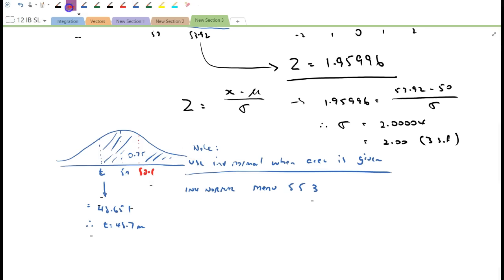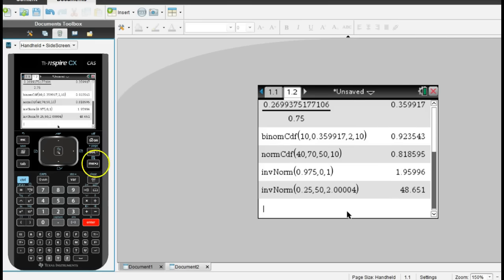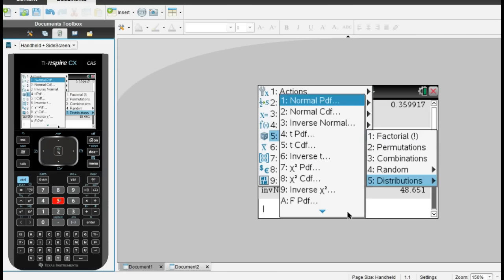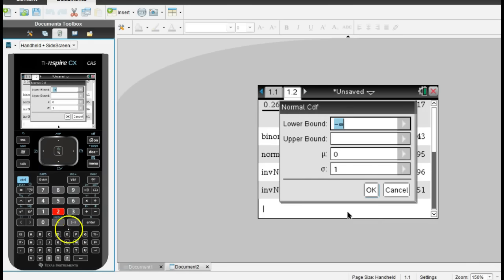So we're going to go into normal CDF. I'll show you what that's about. Menu 5 5 2. The lower bound is 48.651.